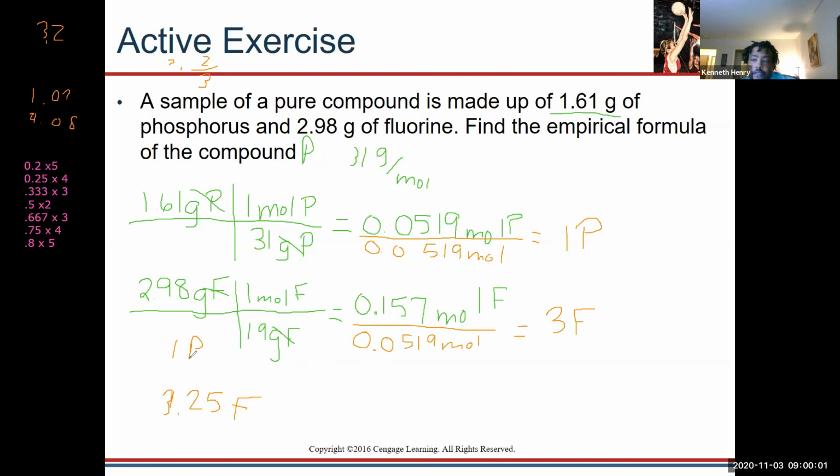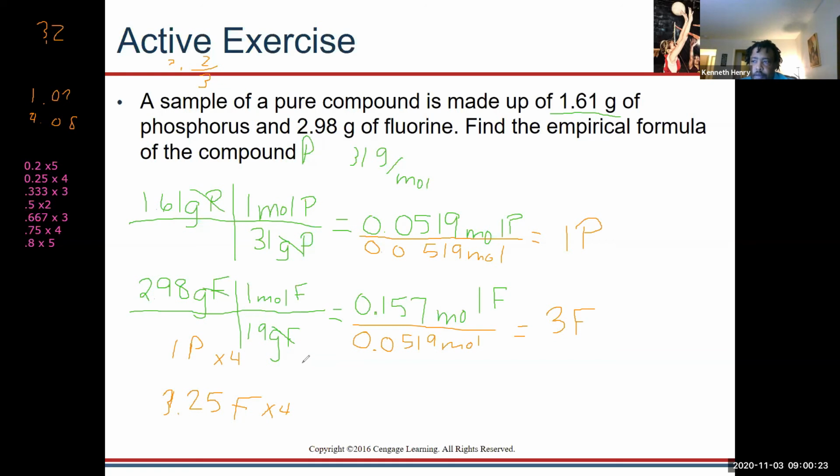If I have 3.25, I don't want to assume that it's 3 because I have quite a bit left over. That's a quarter. So I should multiply it by 4. I multiply this by 4, and I multiply this by 4 to get my empirical formula.